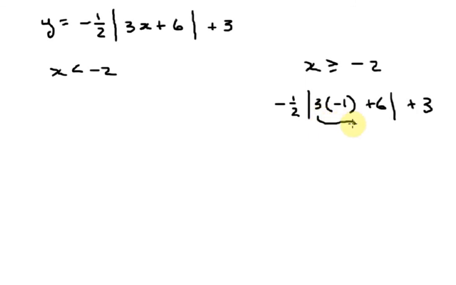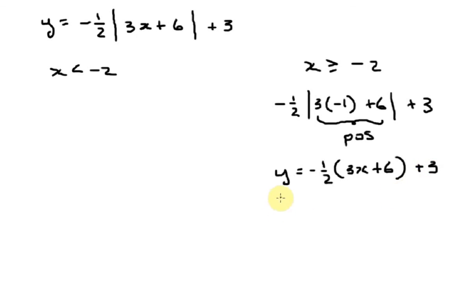This result, as you can see, -3 plus 6, is going to be a positive number. So really, the absolute value symbols are redundant. Since we already have a positive number, we really don't need to be absolute valuing it. So essentially, we can just ignore the absolute value symbols and say this is exactly the same as if we just took 3x plus 6 and left it alone.